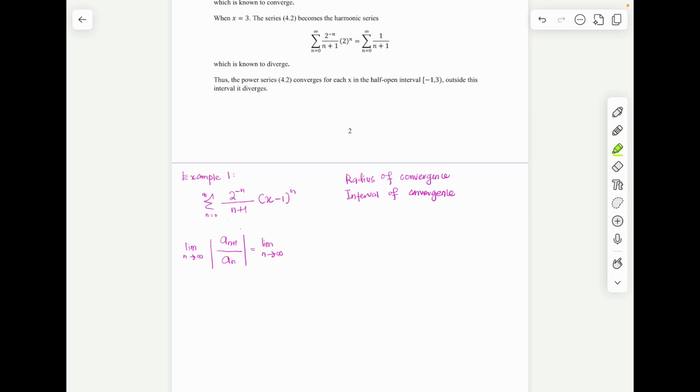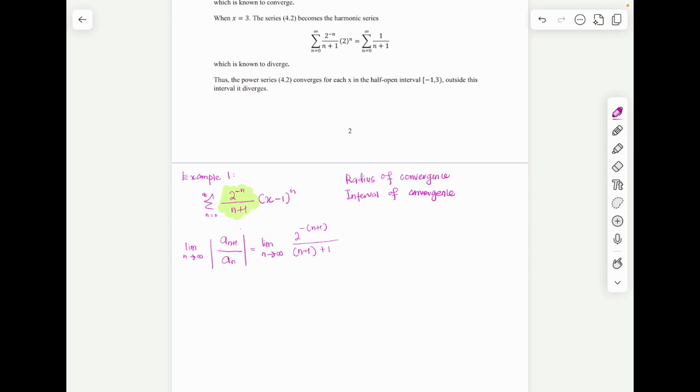The a_n is this one. For a_(n+1), what we have is 2 to the power of negative (n+1), over (n+1)+1.